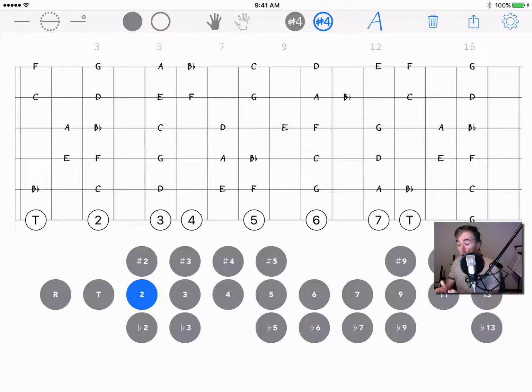Each of these numbers are called scale steps, right, or degrees. And each of these degrees has an associated mode, which I kind of alluded to, and it also has a chord designated with each of those starting notes. Okay, so those are two important things.